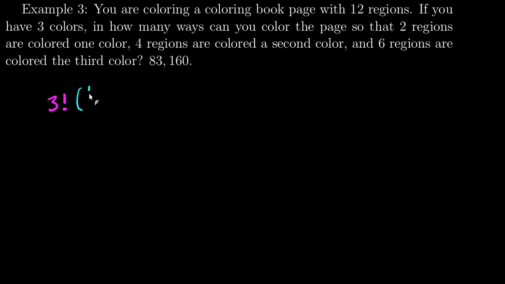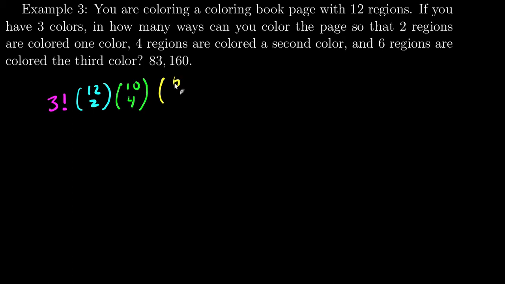So 12 choose 2. Once I've colored 2 of those regions color 1, there are now 10 regions left over. And I want to choose 4 of those regions to be colored color 2. Now this is actually good enough to satisfy it because all of the rest of the regions will be colored color 3, but I'll put it in here just to complete the idea.